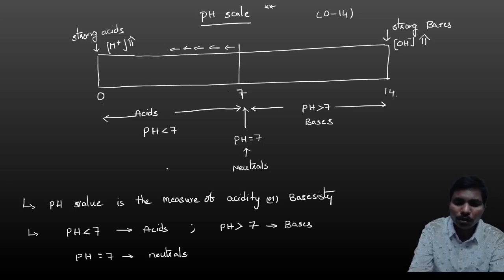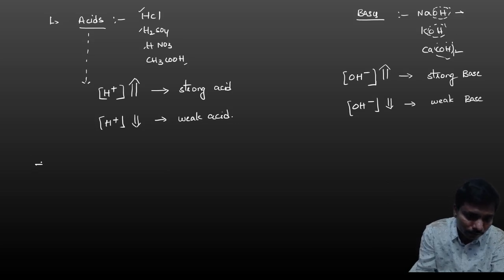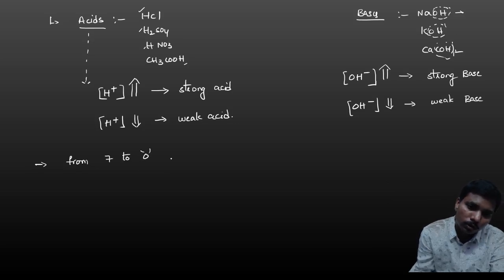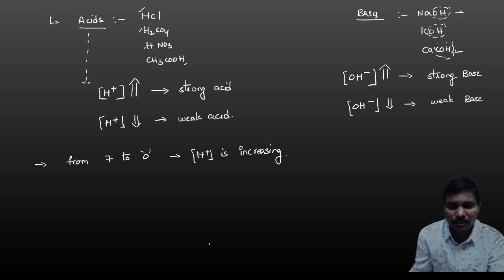So you can note down one important point here. From 7 to 0, H plus ion concentration is increasing and it becomes more acidic.